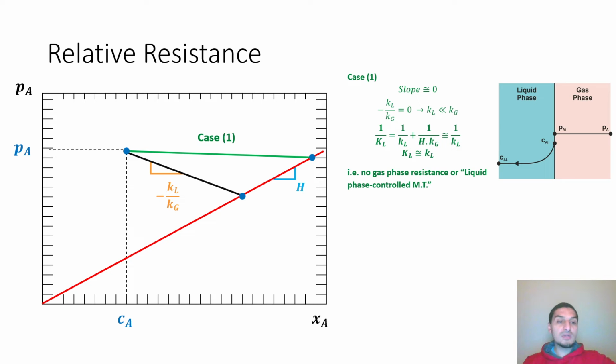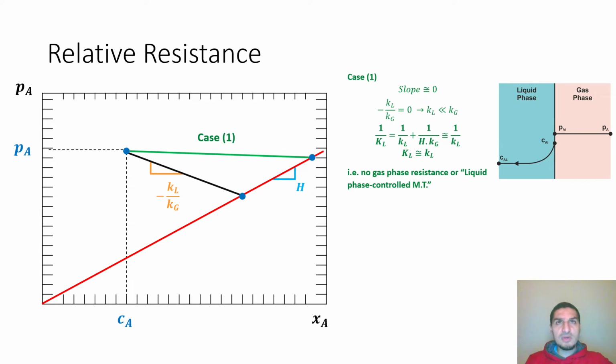And if you take a look at the profile to the right, this is the profile that you'll see. If the gas phase mass transfer coefficient is equal to infinity, it means that the driving force is going to be 0. You don't have any resistance to mass transfer, so you don't have any driving force.